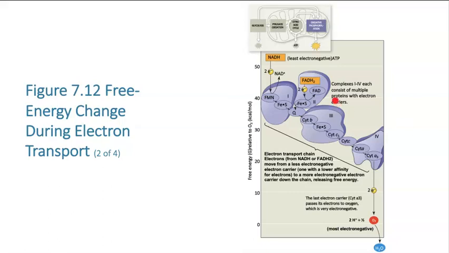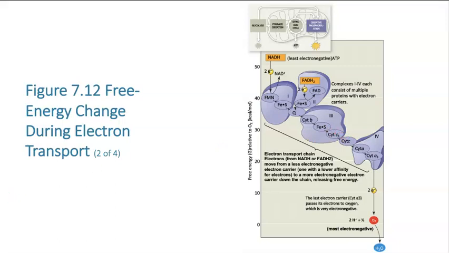So our NADH is going to join up to one of these proteins in the electron transport chain, and it's going to pass the electron down, down, down. And I'm saying down because we're changing the amount of free energy available. So energy is being released slowly.